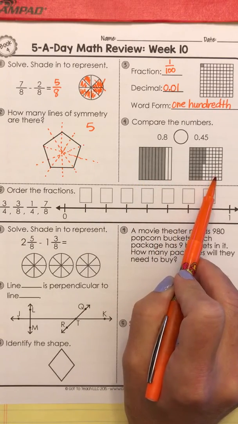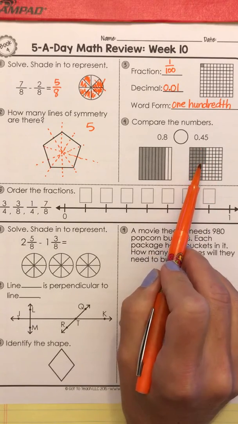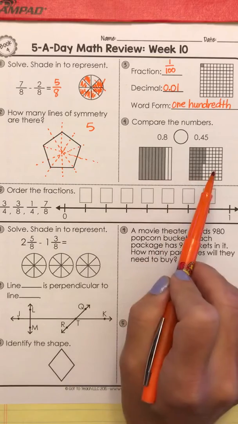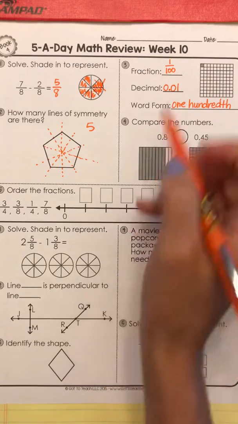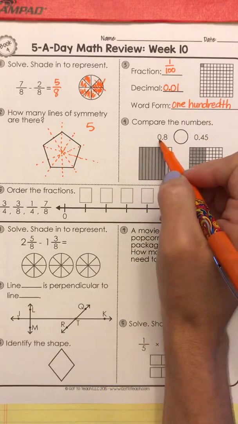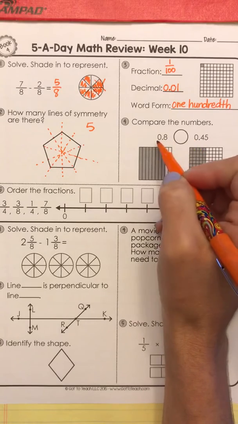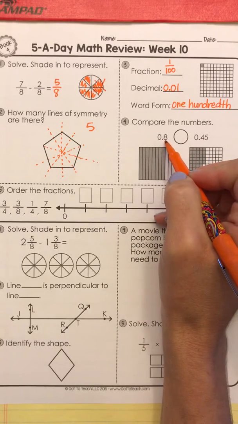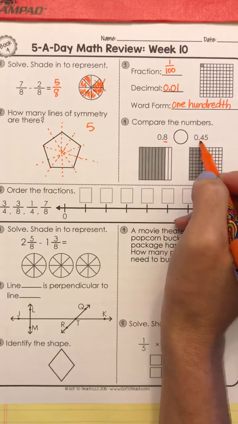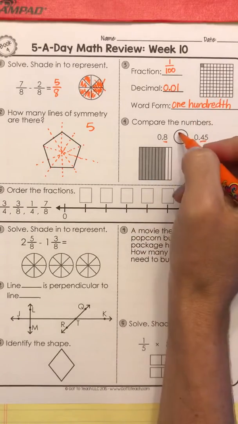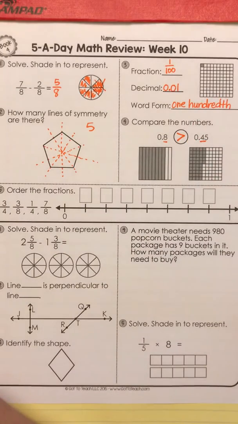This model has been cut into 100ths, okay? 45 of them are shaded. Which is greater, which one's less? Well, we compare it the same way as we do whole numbers. So we start with the ones place. The ones place is the same. So we move to the tenths. 8/10ths is greater than 4/10ths. So 8/10ths is greater than 45/100ths.